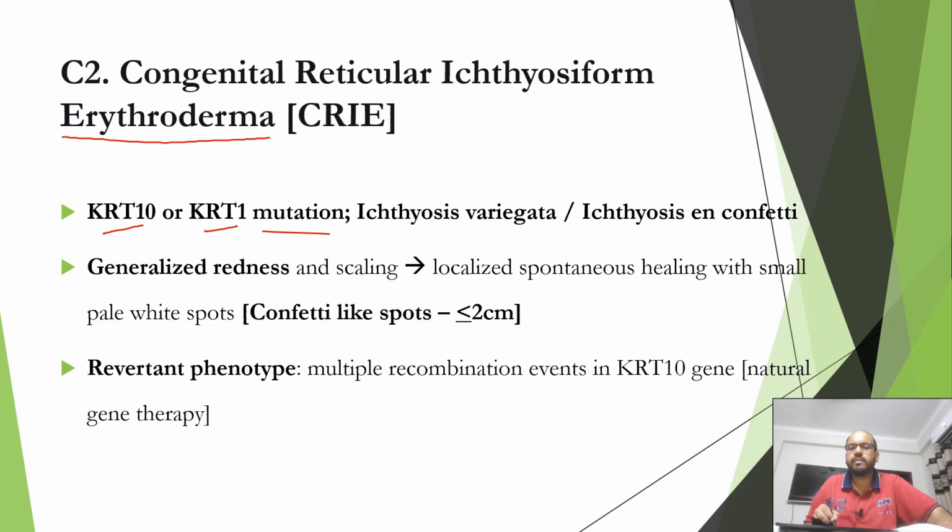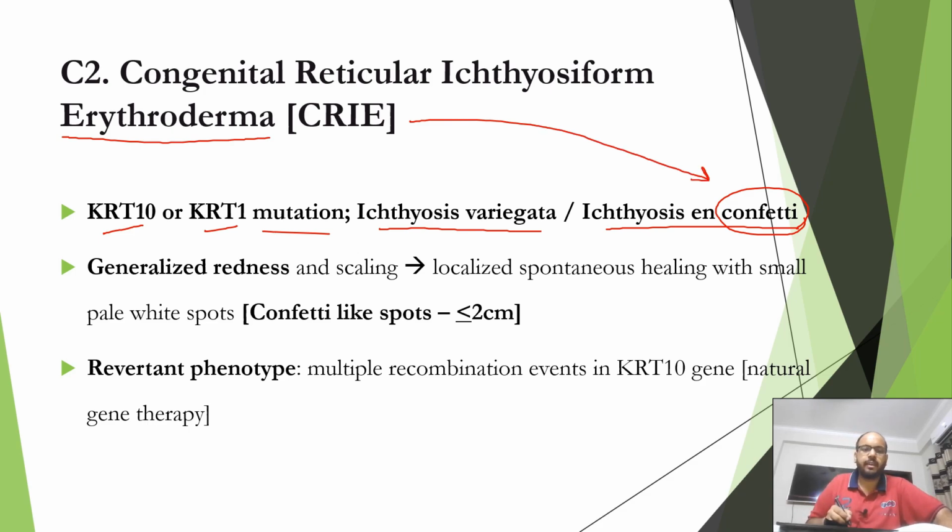Now, CRIE is also known as ichthyosis variegata or ichthyosis en confetti. Confetti are those small thermocol balls or pieces of paper that you see in party decorations, thrown about in celebration. So remember that name: CRIE is also known as ichthyosis en confetti.